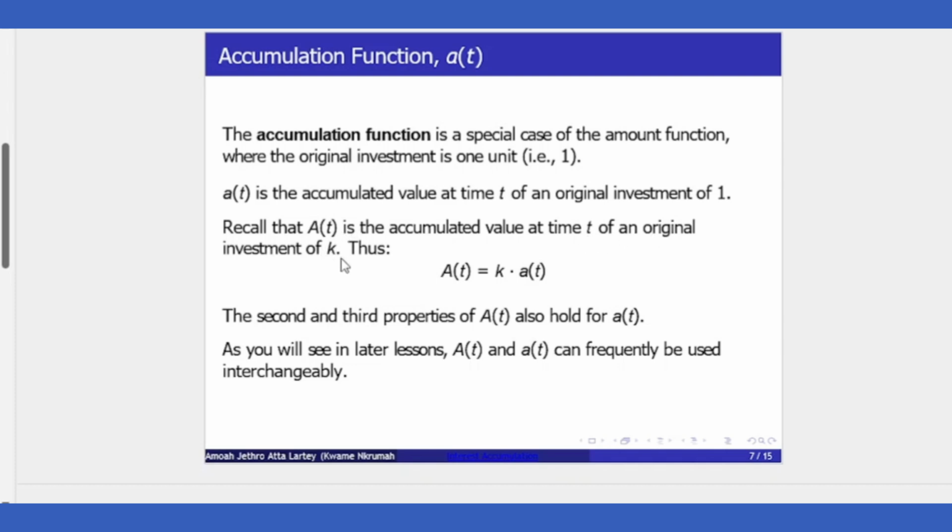That's the amount function. So to find the amount function at time t, you take the original investment k and then you multiply it by what? The accumulation function, right? Definitely that's how to find the amount function, the original investment times the accumulation function, because the amount function determines the accumulated value at a specific point in time.